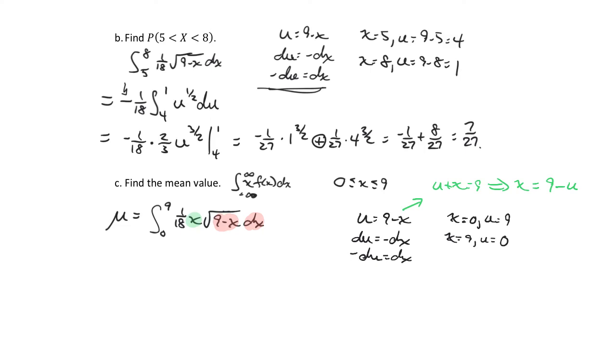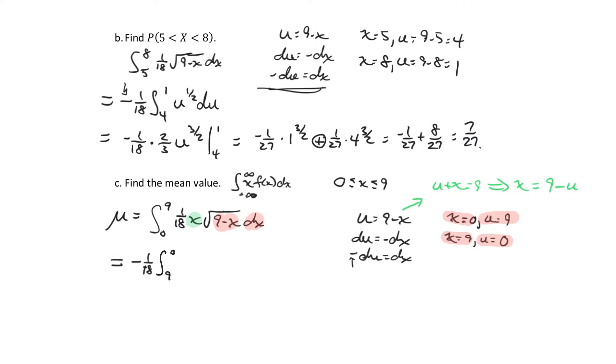Now we've got to be careful we get everything here. I've got the negative from the dx, so we'll have that. I'm going to pull the 1/18 out in front. My integral changes from x equals 0 to u equals 9, and from x equals 9 to u equals 0, so we're going to go from 9 to 0.